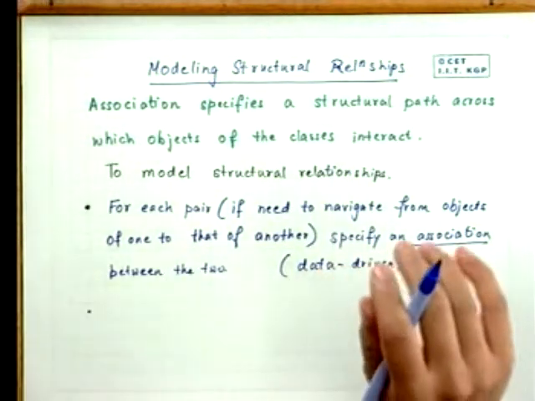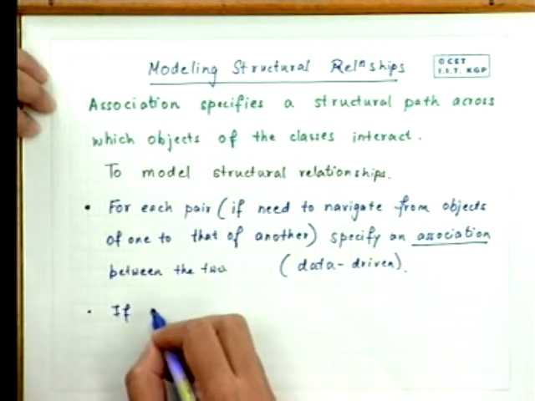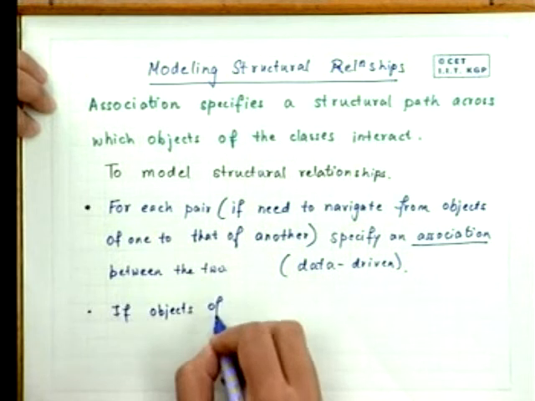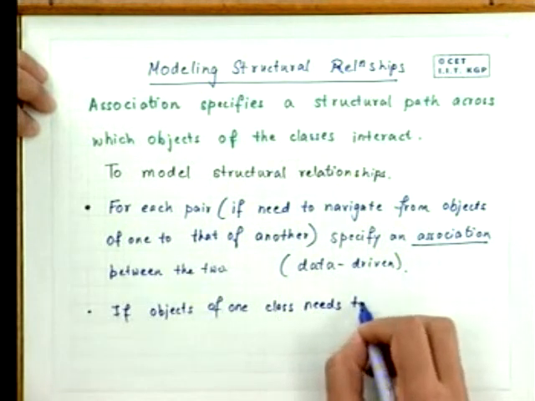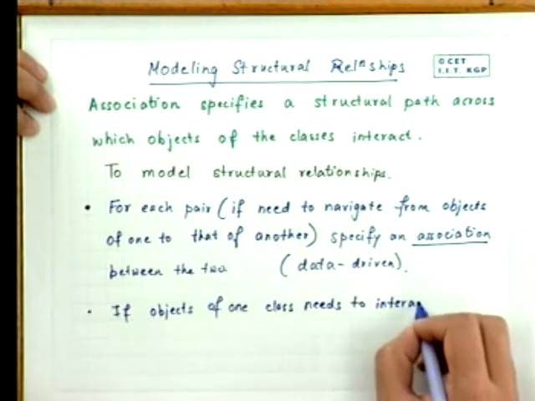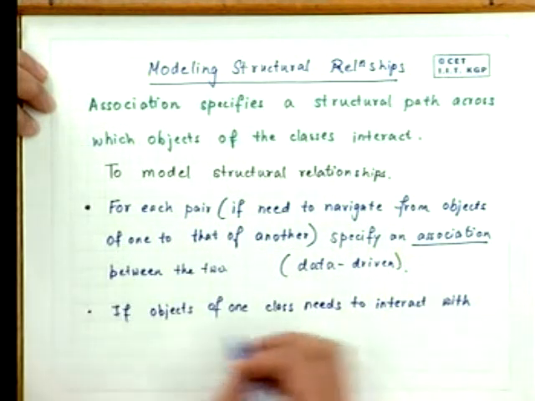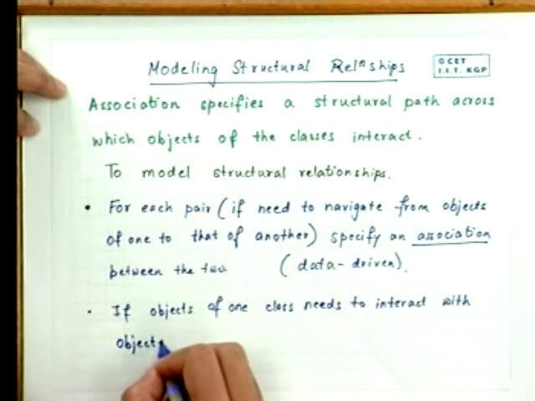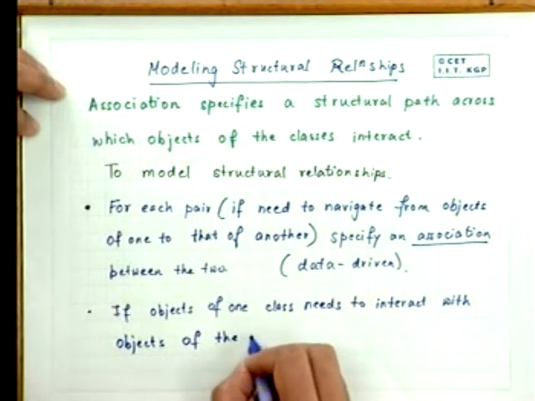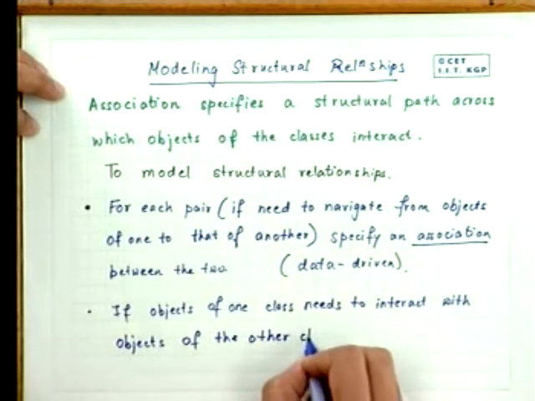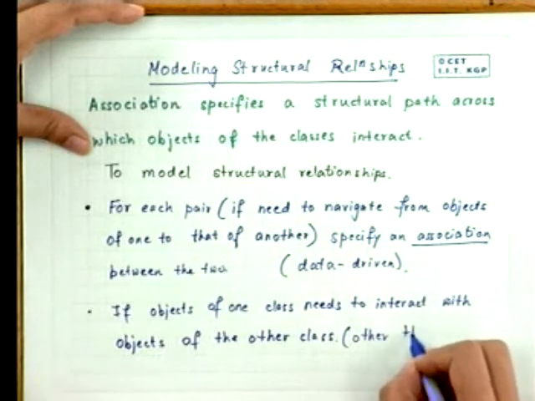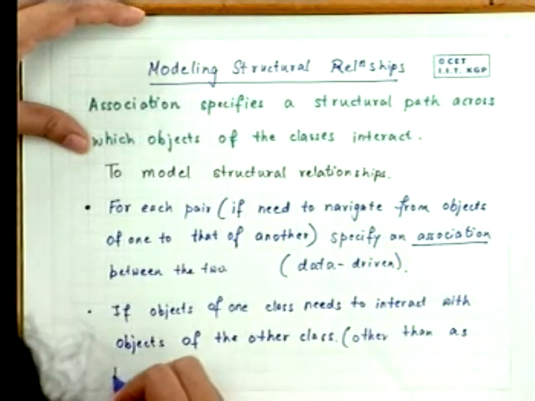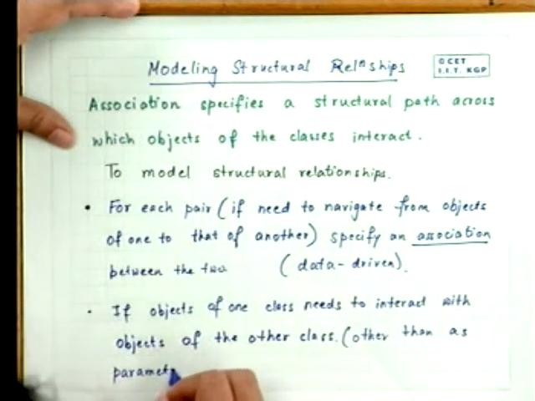Secondly, if objects of one class need to interact with objects of the other class, other than as parameters to an operation, then you specify an association.